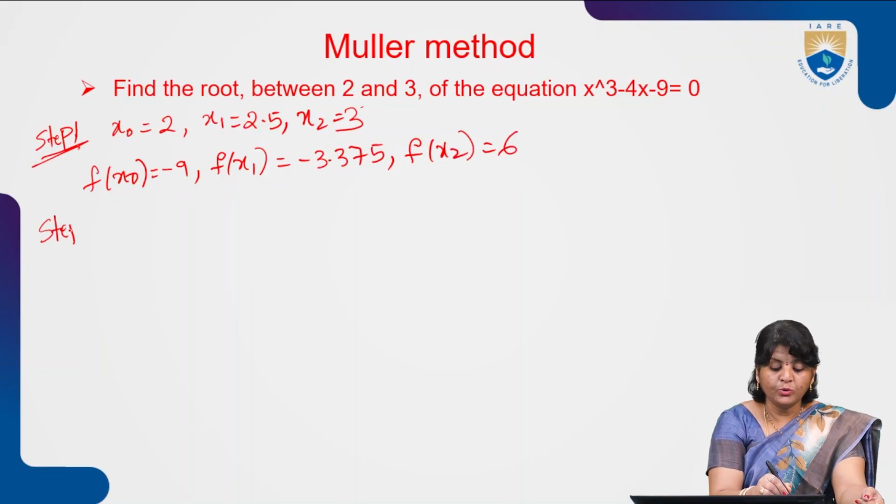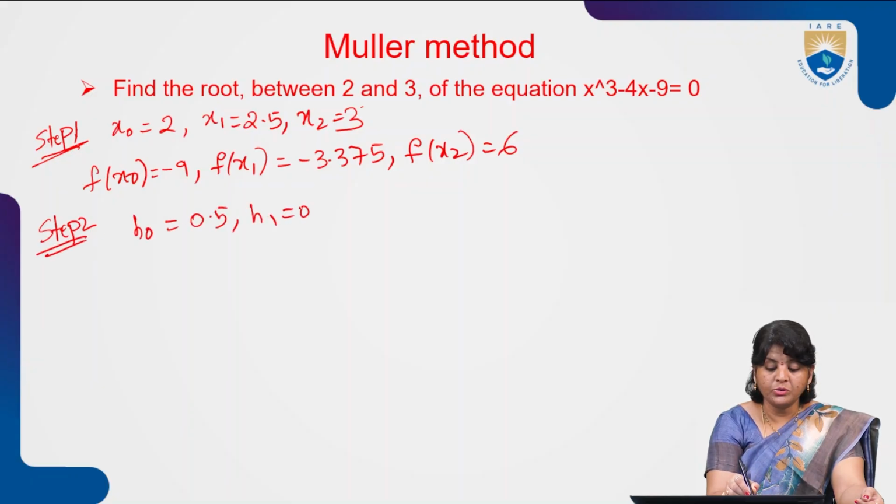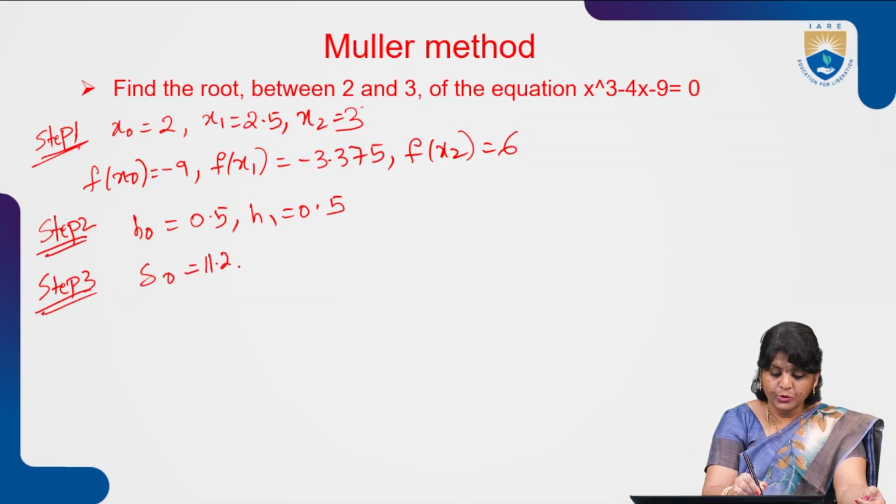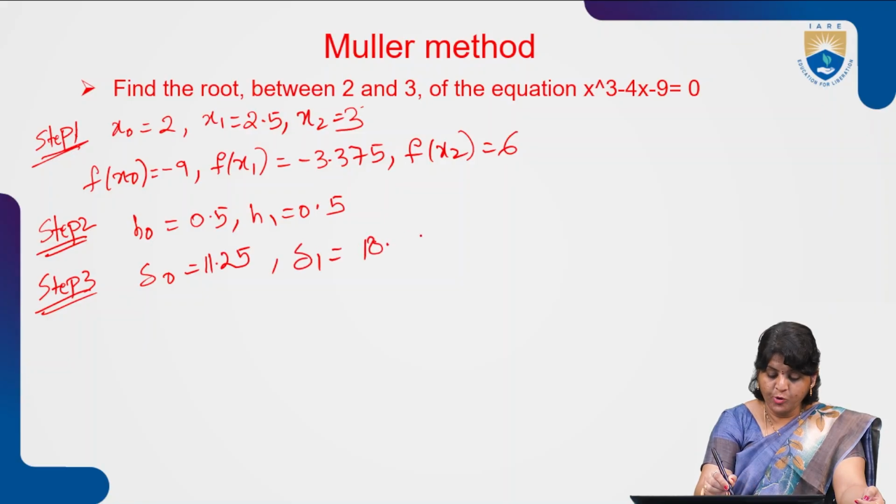Step 2: h0 is equal to 0.5, h1 is equal to 0.5. And step 3: finding delta naught and delta 1. Delta naught is 11.25 and delta 1 is 18.75.